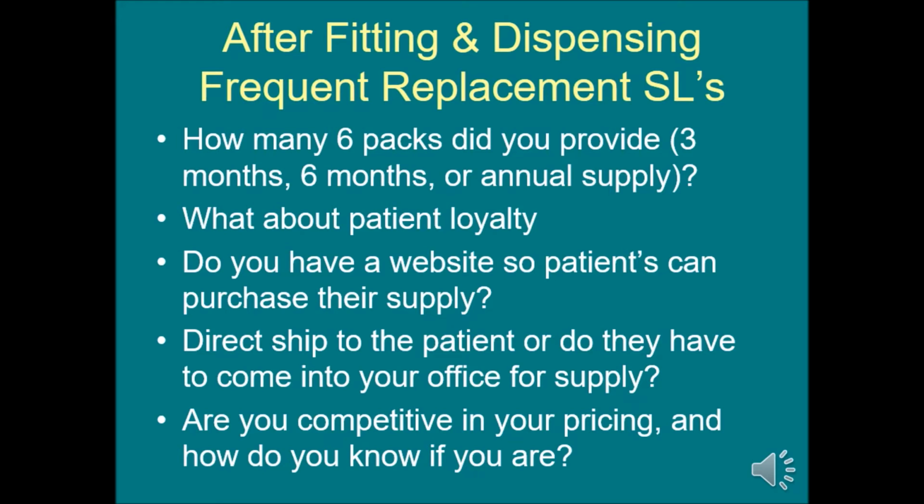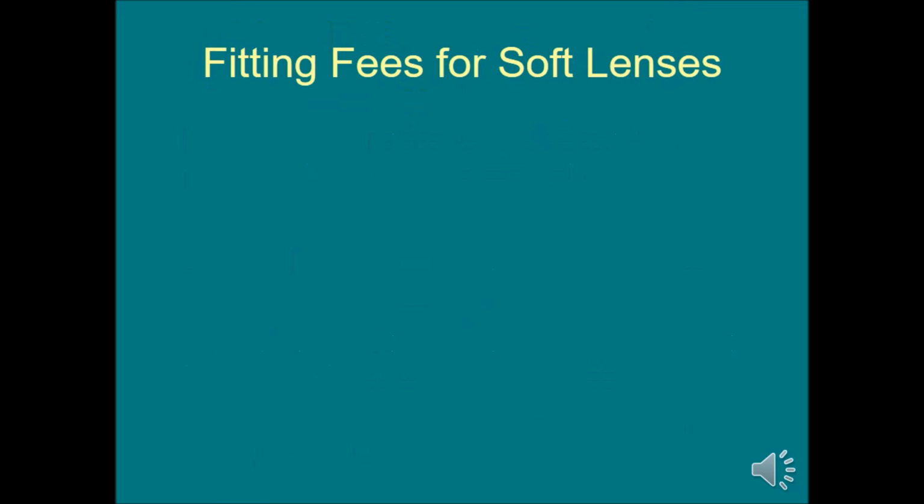Are you competitive in your pricing? Well, if you've got a good company that's keeping you informed on this, they will have at least a quarterly update on what's being charged by all your competitors, so you'll have an idea of what you should be charging to be competitive. Okay? So fitting fees for soft lenses.